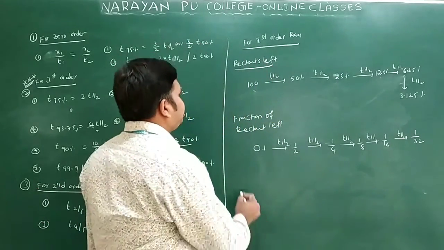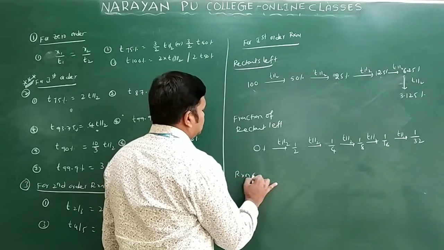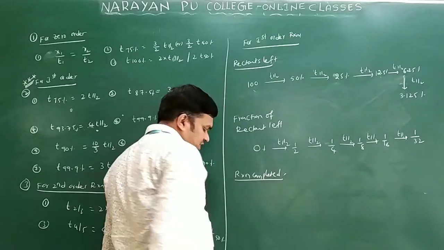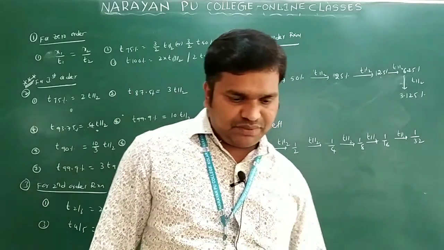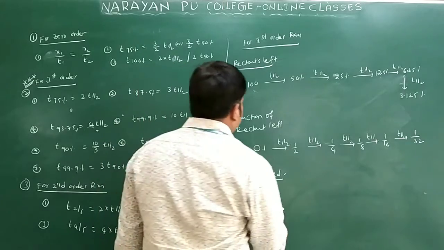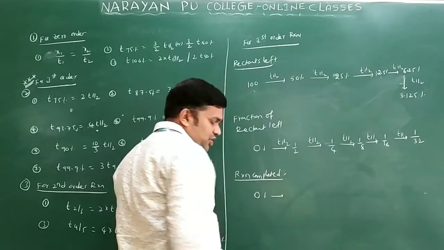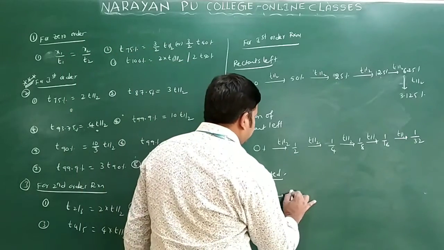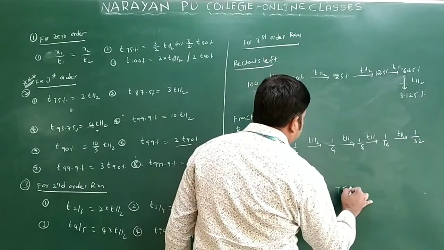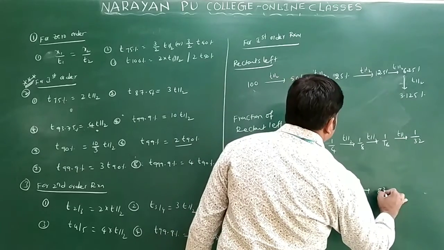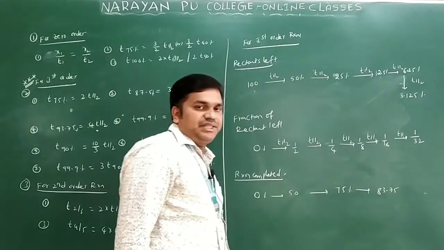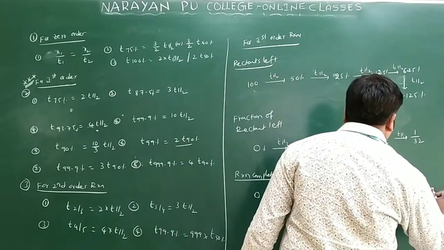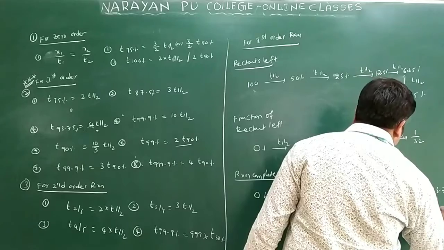Reaction completed. If the reaction is completed, I write the percentage here, 0%. So 0%, then 50%, then 75%, then 87.5%, and from this I will write 93.75%.